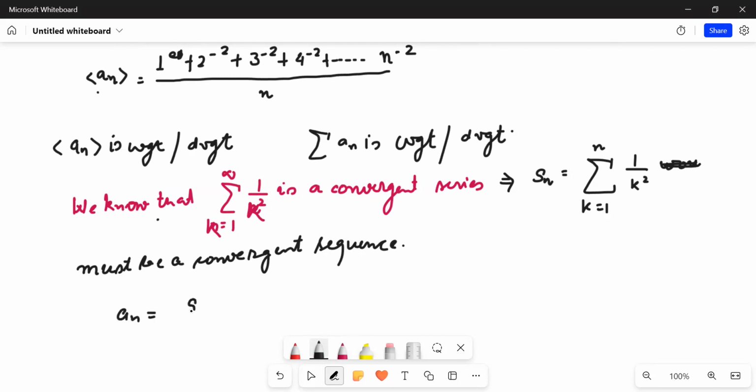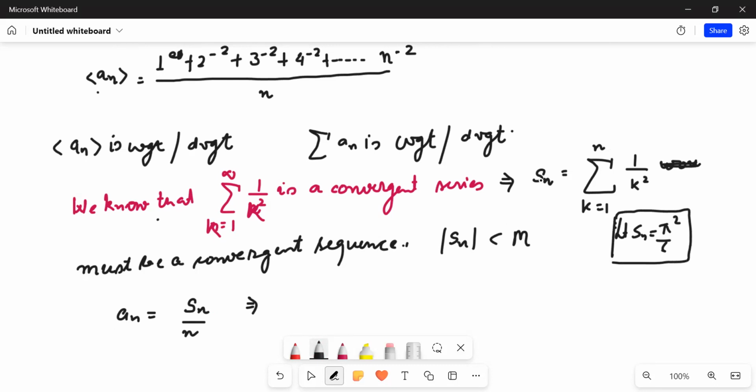So your an is nothing but Sn divided by n. Let us estimate the modulus of an. One thing is clear: if Sn is this, then the modulus of Sn would be less than some constant. And if you slightly remember, in the first class itself I told you its limit, just take it for granted, is pi square by 6.